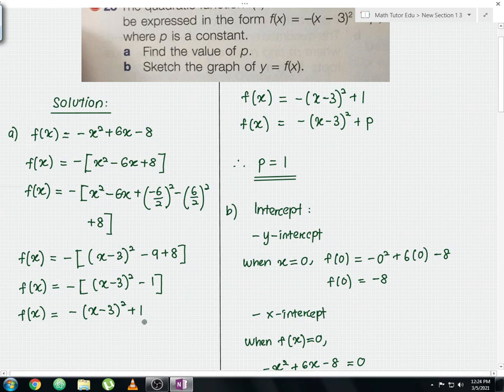This one here represents the maximum value, and this x minus 3 indicates the axis of symmetry. To find the maximum coordinate, you use the axis of symmetry value and then the maximum value.